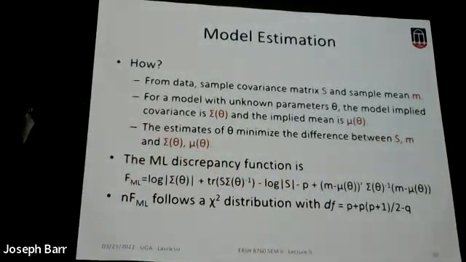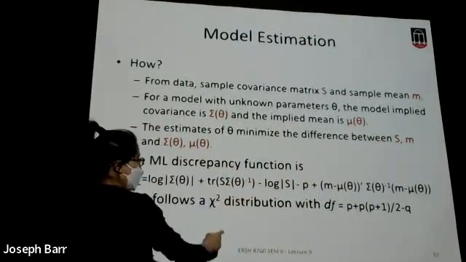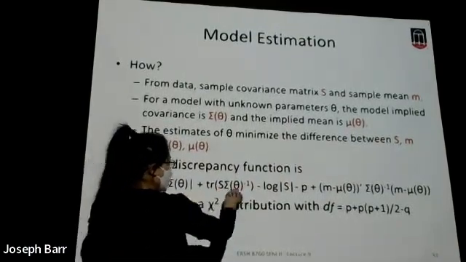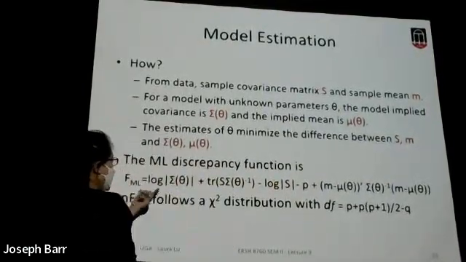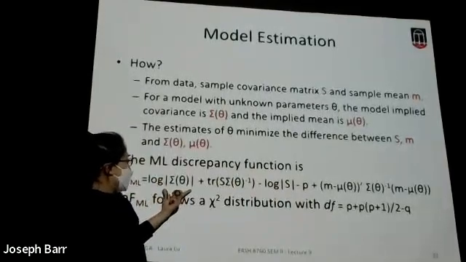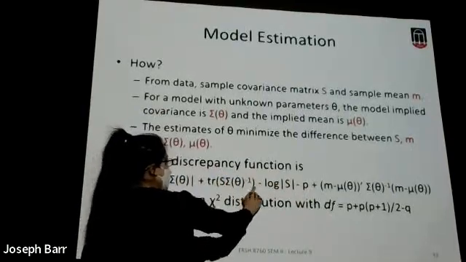So how to do the minimization? We have a lot of discrepancy functions. One of them, the most popular one, is F based on maximum likelihood estimation, F_ML. It should look familiar to you. Look at the first part, from here to here. This is the covariance part. Log of the determinant of the model-based covariance matrix, sigma of theta, plus the trace of the product of two matrices.